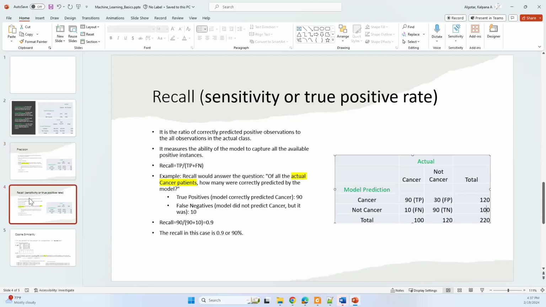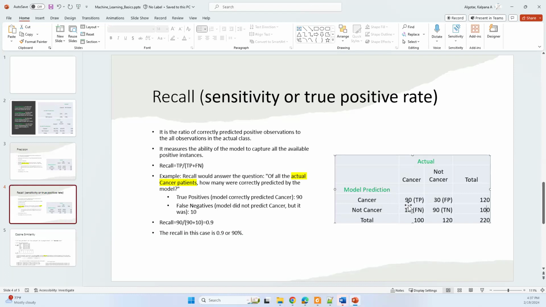Second, recall. As we have seen, precision focuses on the model's total positive predictions, while recall focuses on the total ground truth positive class. Here in this scenario, we can see that the model is predicting cancer and it's matching the actual ground truth.